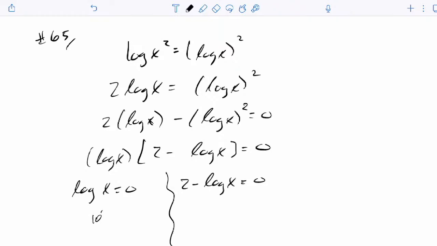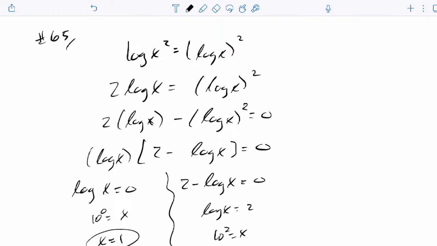So then you go to exponential. That means either x is 1 or log of x is 2, or x equals, in this case, 100. So the answers here are 100 or 1 for 65.